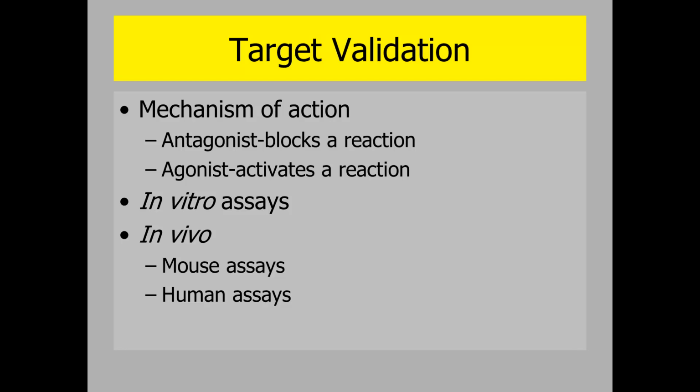So generally people start with a mouse assay and show that it works in a mouse model of the disease. So we've got a variety of different mice that we've bred to have a greater incidence of cancer. We've got a bunch of mice that are more apt to have hypertension.